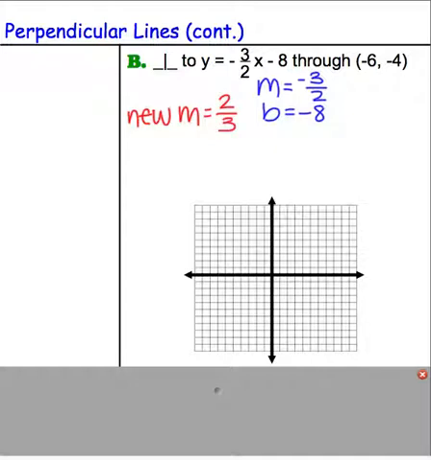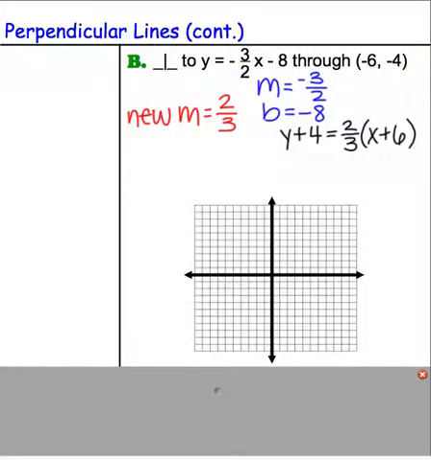So then we can write our point slope form, which is y minus y1, which is -4, so y plus 4, equals my new slope of 2/3 times x minus -6, which is x plus 6.